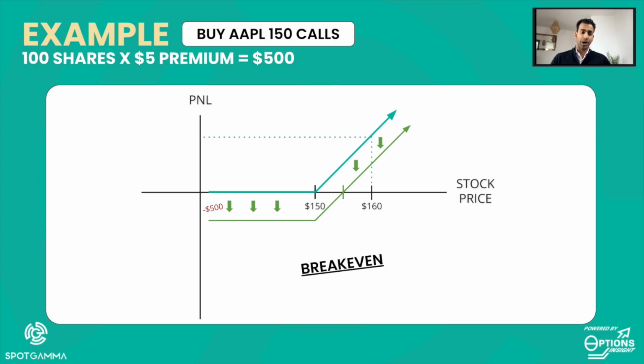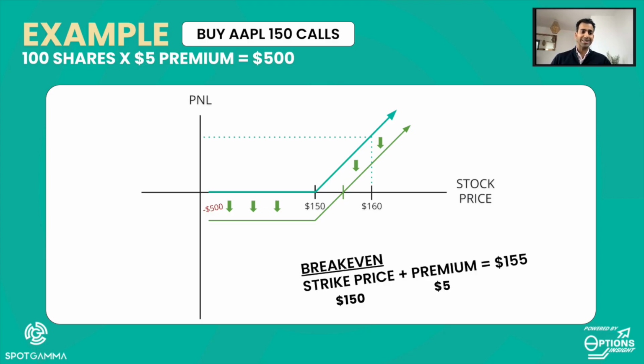This is the point at which the option will actually start to make us profit. The break-even is simply calculated by taking the strike price plus the premium, which in this case was 5, and 150 was the strike, so the break-even would be $155.